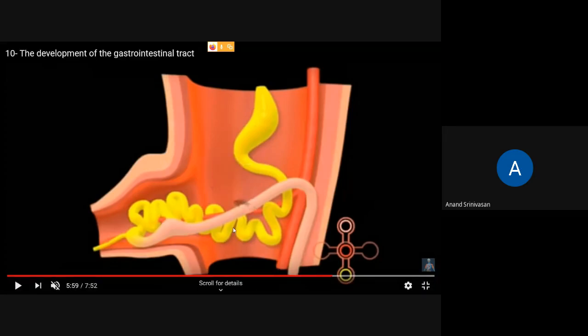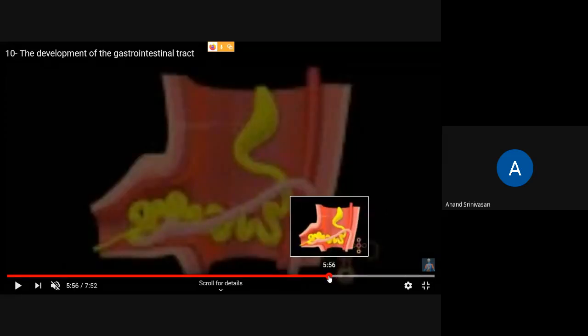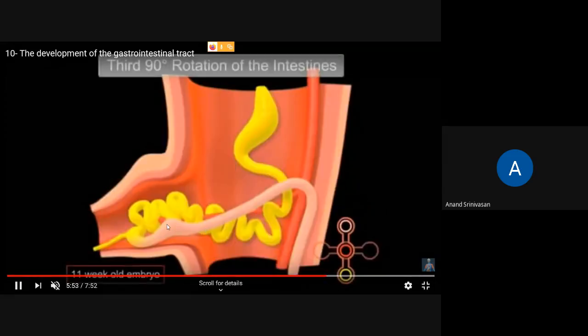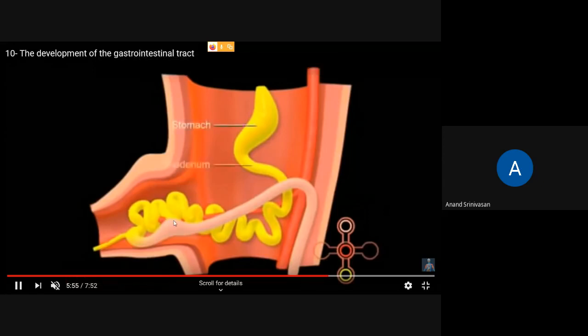The convolutions in the cranial part increase, and there is a small bulge located in the caudal limb. This is called the cecal bud.